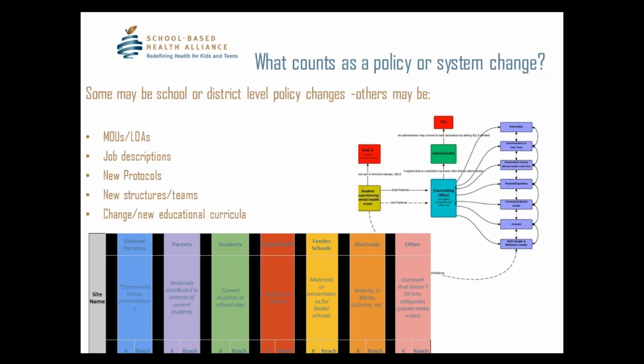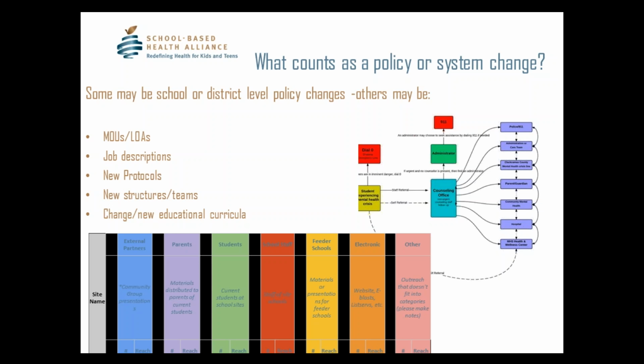So that being said, I know there's been a lot of conversation about policy change and system change. So what does count as a policy or system change? Things like school and district level policies, system changes may be nutrition guidelines for school lunches, or activity guidelines, or recommendations that grades K through 6 must have PE a certain number of times a week, and that may be different than the state level policy or the federal level policy.